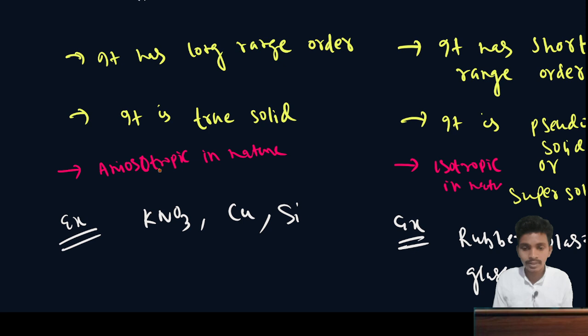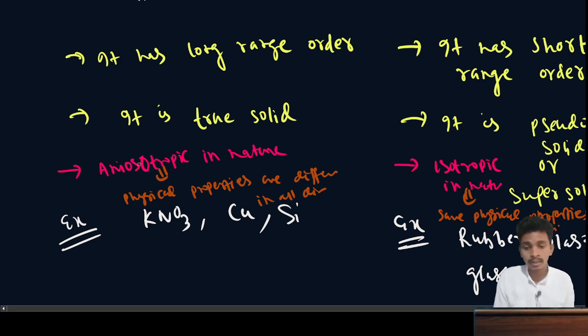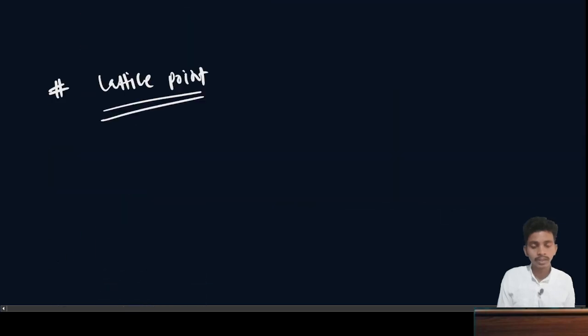Anisotropic means its physical properties are different in all directions, whereas isotropic means it has the same physical properties in all directions. So that is what crystalline solids are.